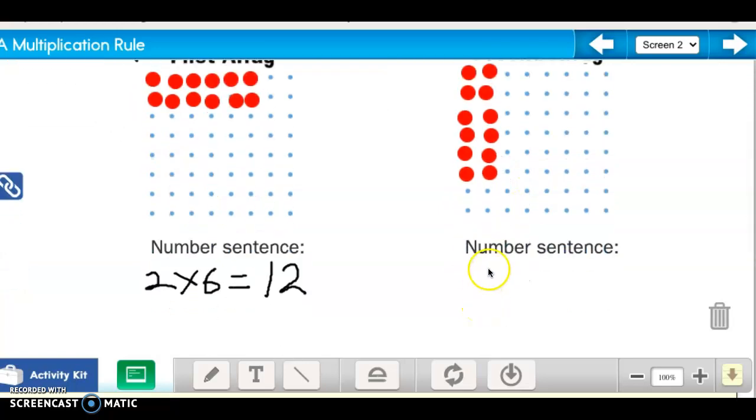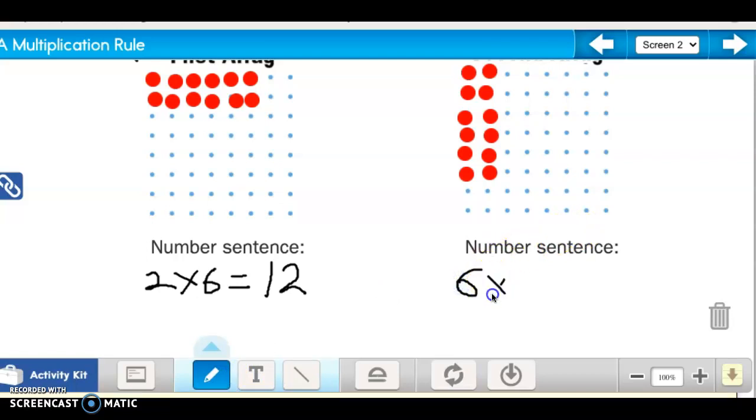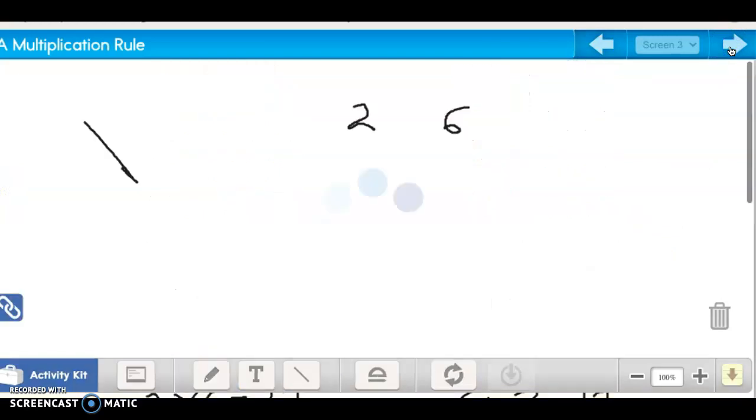So my number sentence will be a little different. We're going to write 6 times 2 equals 12. This is called the turnaround rule. 2 times 6 equals 12, and 6 times 2 equals 12. Okay, let's do one more on the next screen.